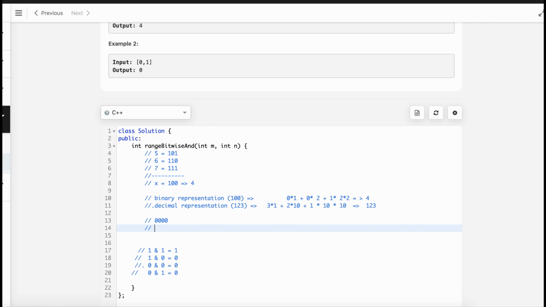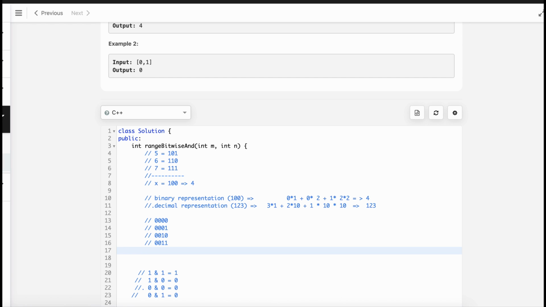So this is 0 and this is 1, the representation of 1. This is the representation of 2, this is the representation of 3, and this is the representation of 4.